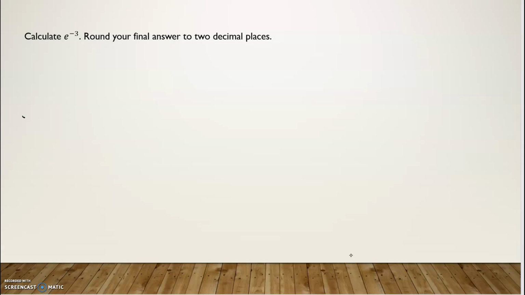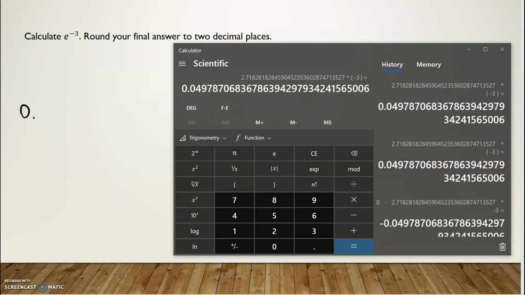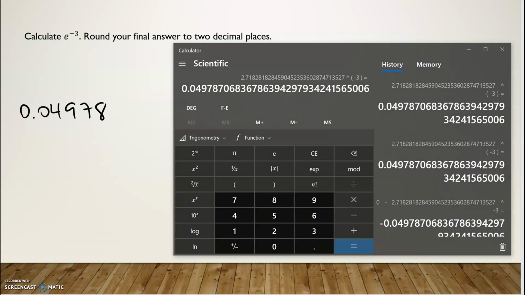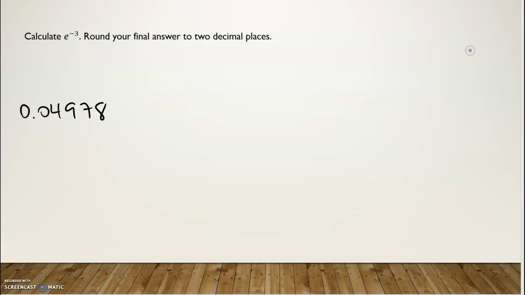Okay, so I get 0.0497, I think there was an 8 over there. Yes. So what we need is 2 decimal places. So 1, 2, that's a 9, so that's going to increase my 4 to 5, so my final answer is 0.05.